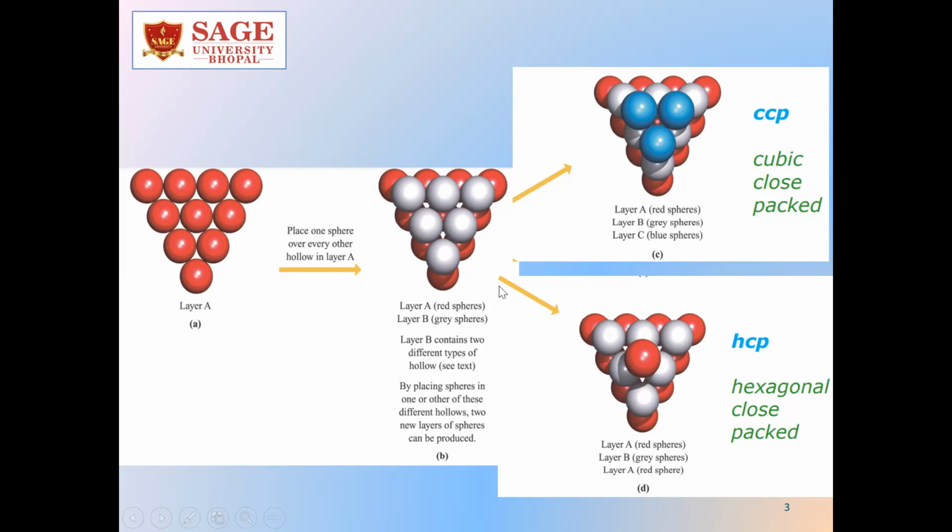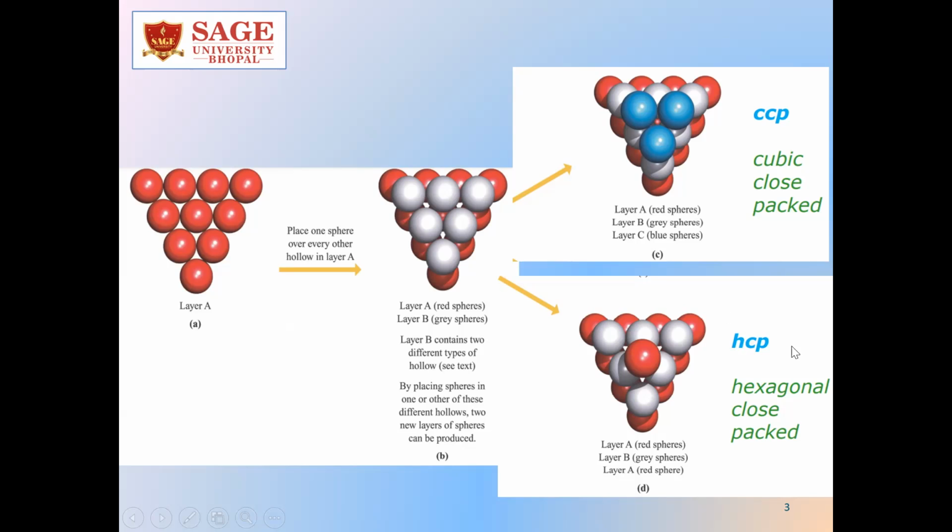Another thing that can happen is layer A and layer B. Layer B contains two different types of hollows, and by placing spheres in one or other of these different hollows, two new layers of spheres can be produced. So layer A, here red sphere, then gray sphere, then again comes layer A, the red sphere.